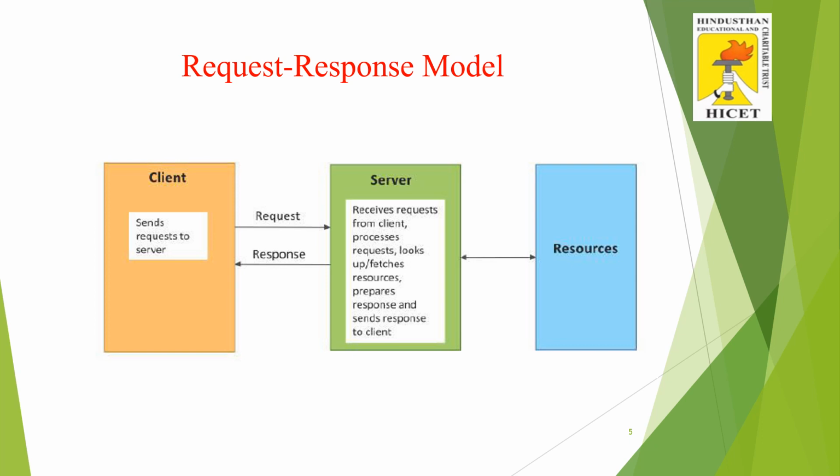This model is a stateless communication model. Request and response model is independent. Resources are connected to the server also. Based on the request, the server sends the response. Hence it is called the request-response model.